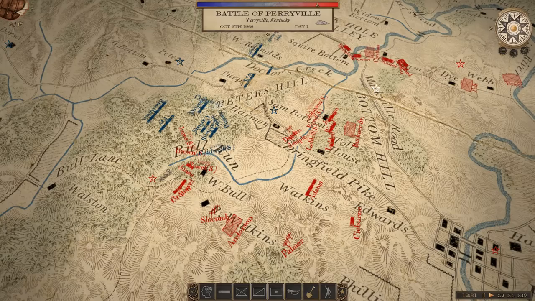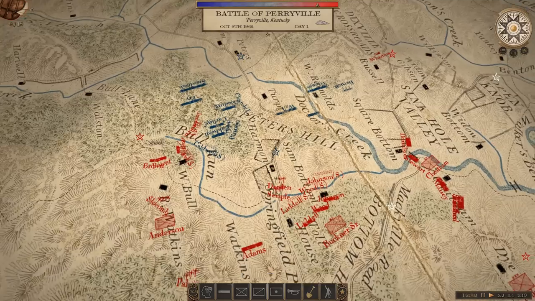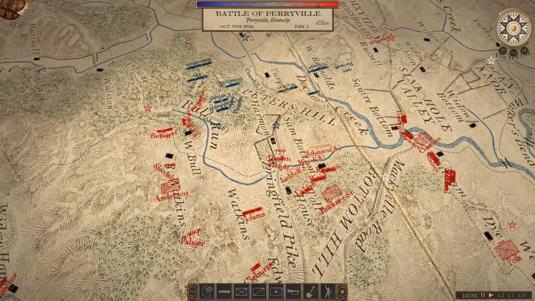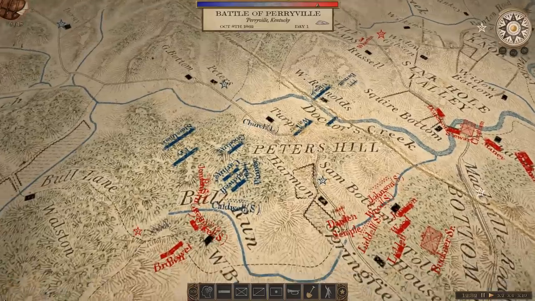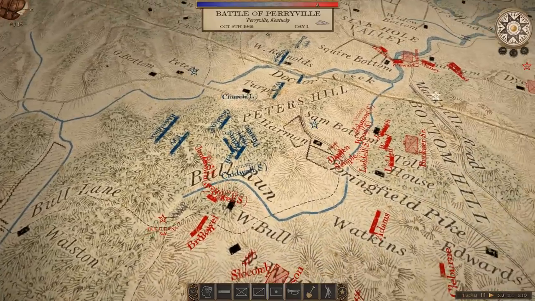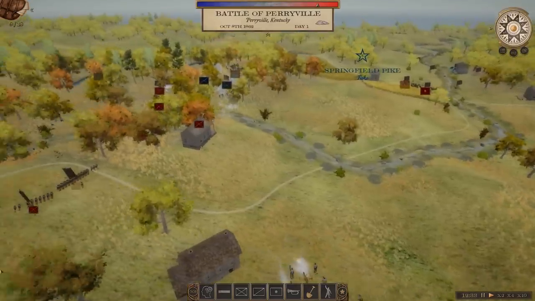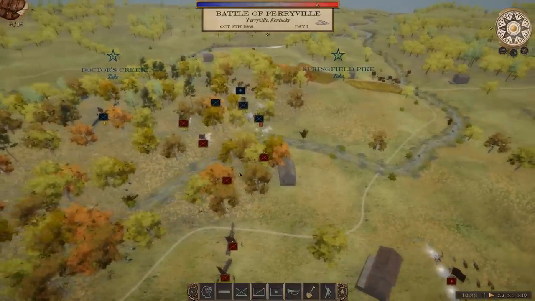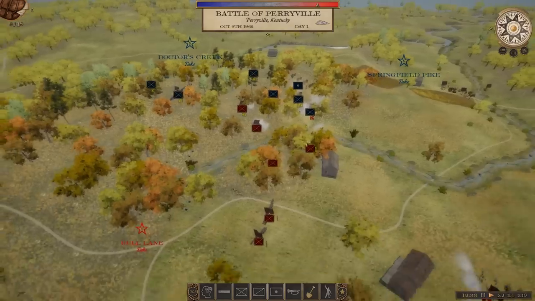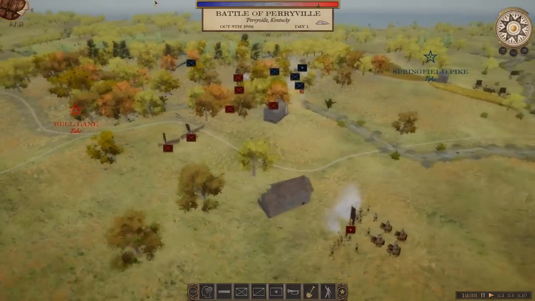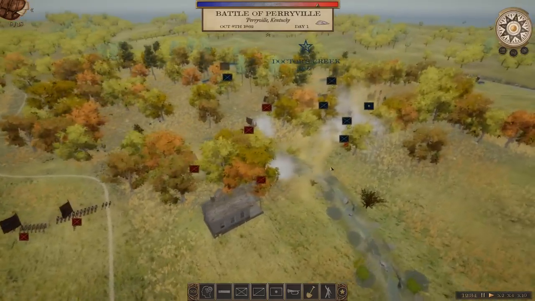It's quite possible in this game that Lee, even though he's suffering more casualties by attacking McClellan, he might discourage McClellan and he will start withdrawing, even though if you compare the size of the armies and casualties, it could be that he has the upper hand.